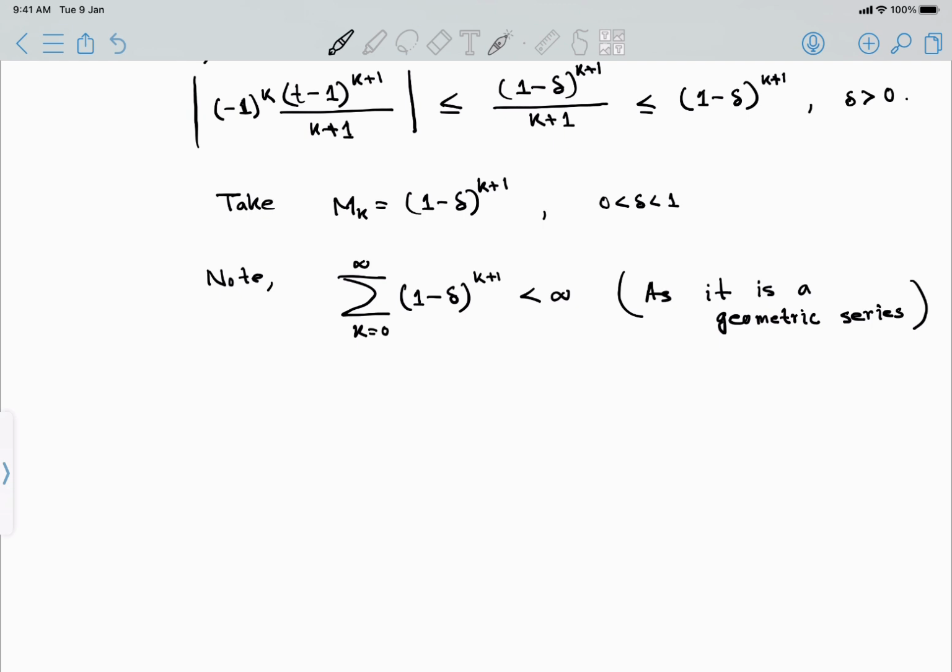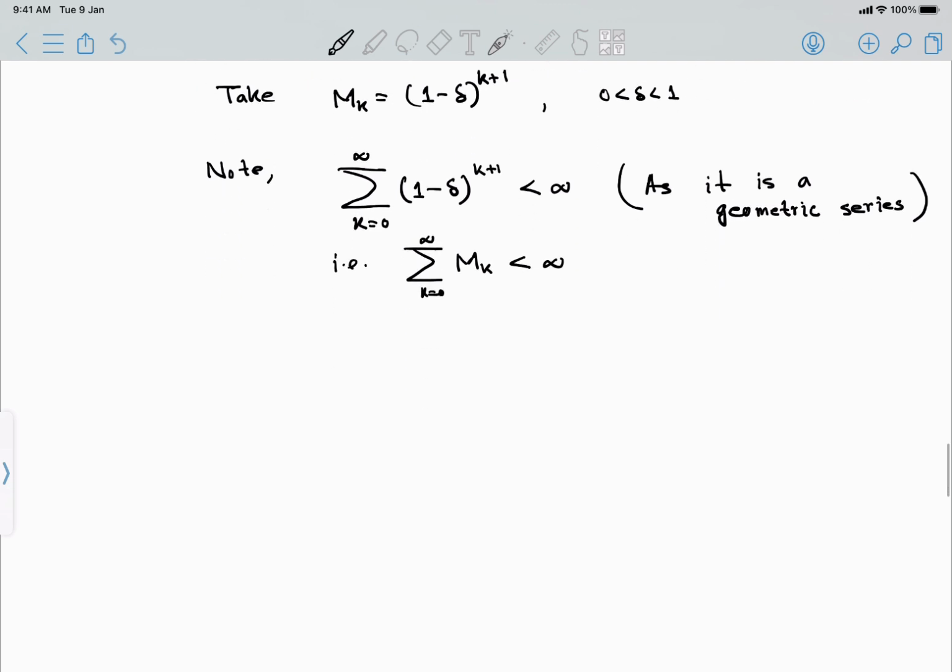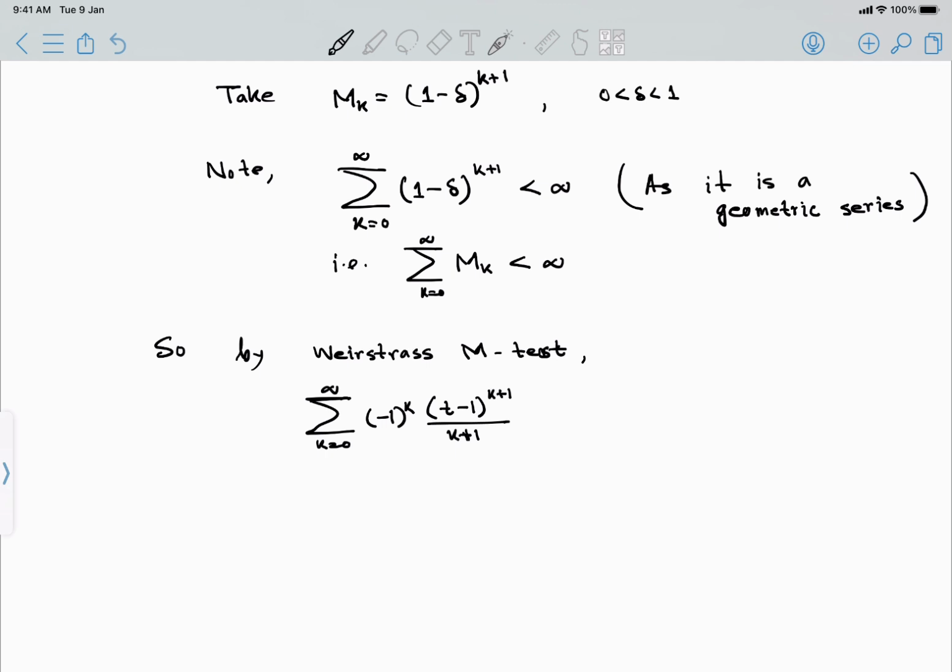So summation M_k is finite. So by the Weierstrass test, the series summation k equals 0 to infinity of minus 1 to the power k, (t minus 1) to the power k plus 1 by k plus 1 is uniformly convergent.